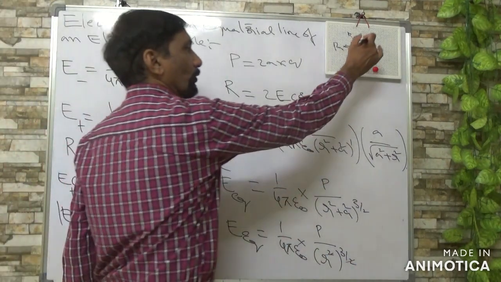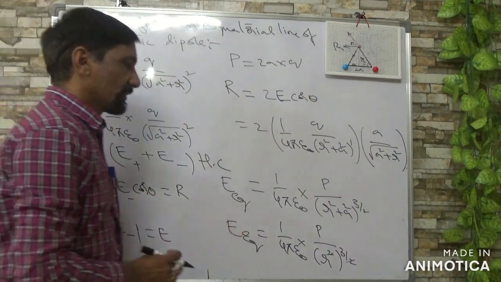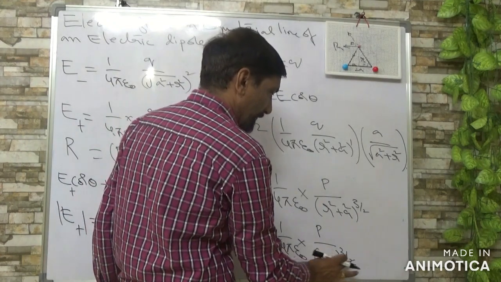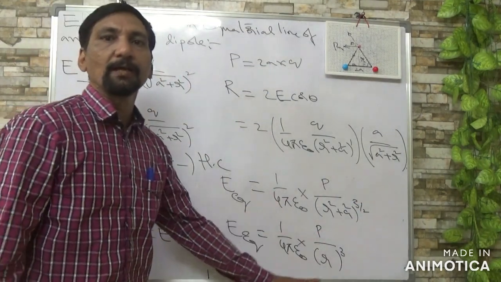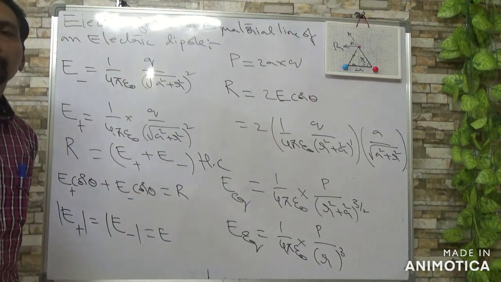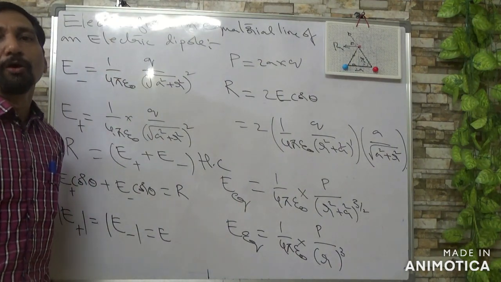So on the equatorial line, the strength of electric field is given by 1 by 4 pi epsilon naught into P by R cube.